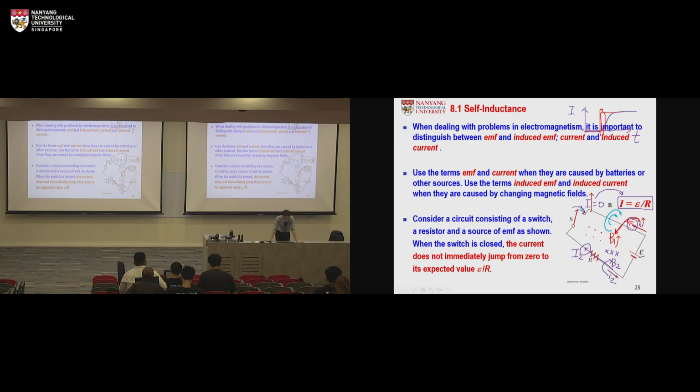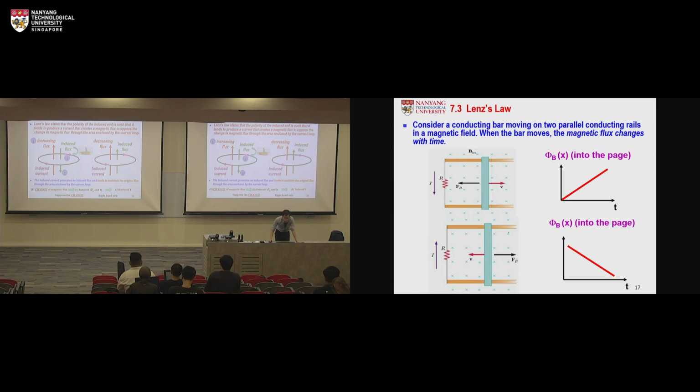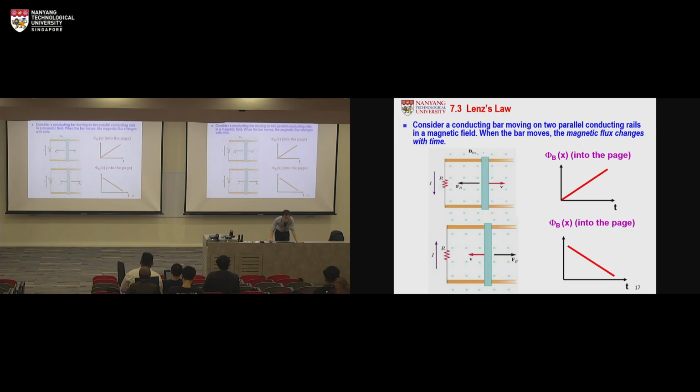So actually, if you try to identify the key difference, it is this one. The initial magnetic flux. In the circuit, this initial magnetic flux still comes from I. But previously, this initial magnetic flux could come from an external magnetic field. So this is actually the main difference.